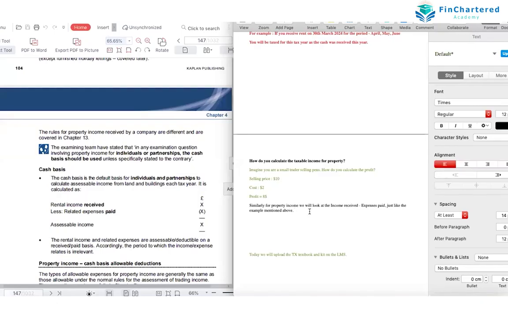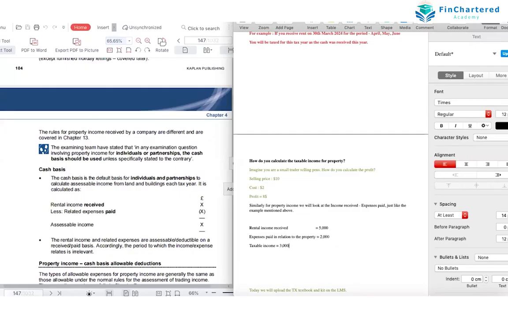It goes like this, right? It will be rental income received minus expenses paid in relation to the property, which will give you the taxable income. Say the rental income received was 5,000. The expenses paid were 2,000 in relation to the property. So the taxable income would be 3,000.